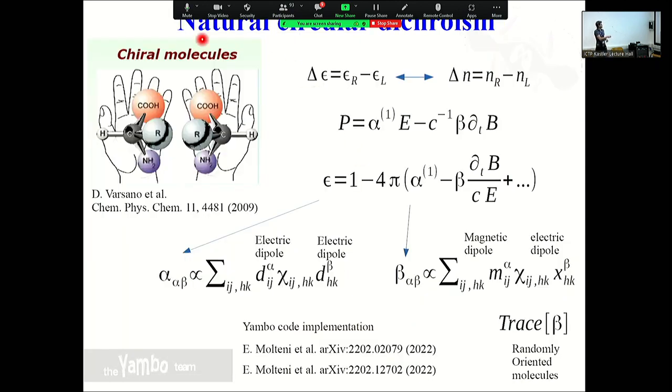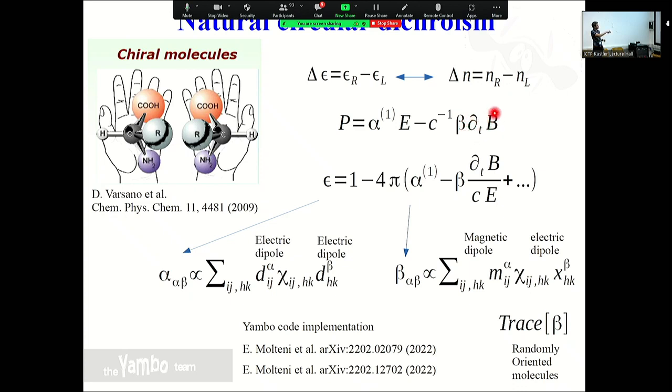So natural circular dichroism is another example. It's again the same thing. So you want to measure the difference between the right and left absorption of a molecule. This is called dichroism. So in this case, the information is not contained in this first order term which relates polarization and electric fields, which in the end defines the first order dielectric function, but it has something to do with the response of the polarization to the time derivative of a magnetic field.